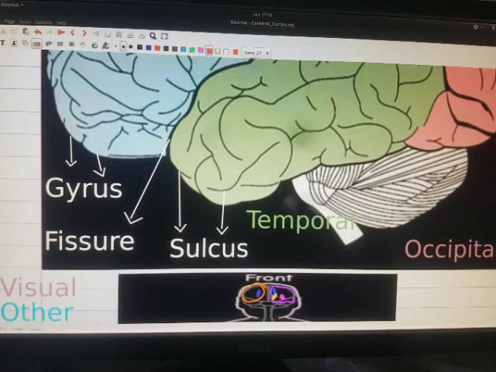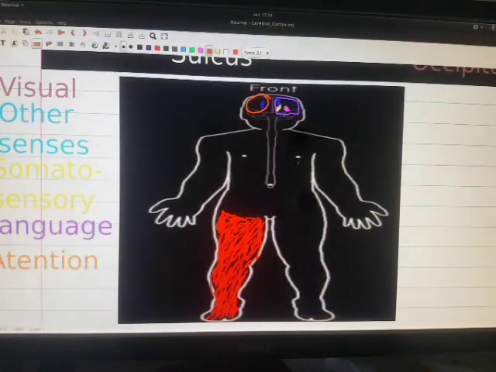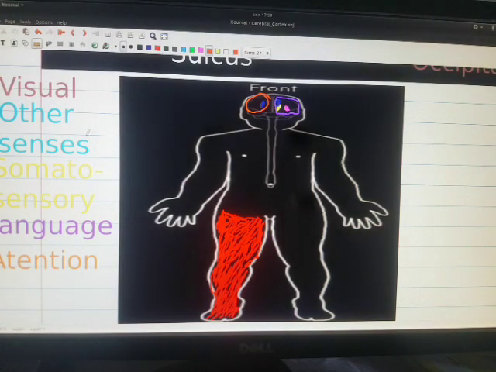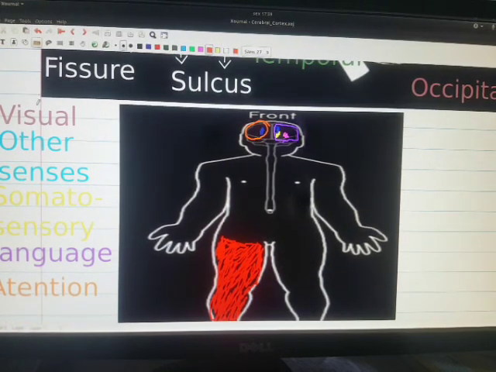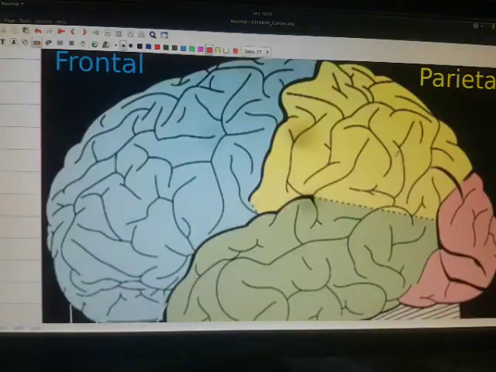And so here come some sensations: the visual senses, somatosensory senses, the language, attention, and other senses. So the visual sense, it will come by the right side, here's the left side of the body, and will be on the right side of the brain.